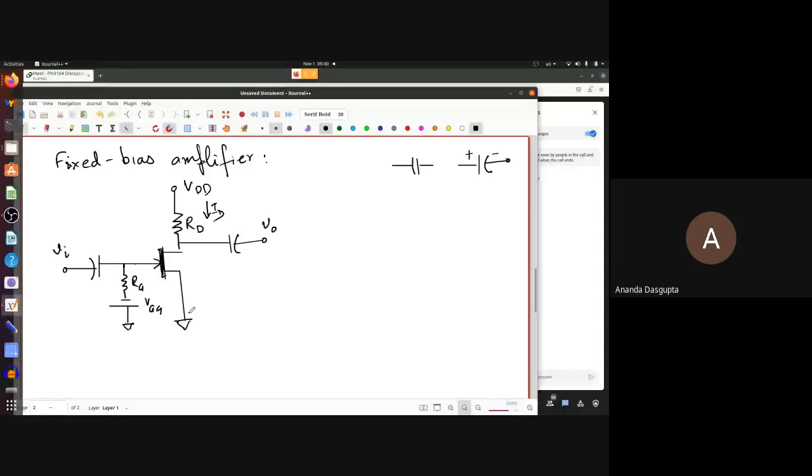This is very, very important. That means if it's an ideal voltage source, you replace it with a short. If it's an ideal current source, you replace it with an open circuit. If it is a non-ideal voltage source, you replace it by its internal resistance. If it's a non-ideal current source, you replace it by its internal admittance. So this is what you are supposed to do.